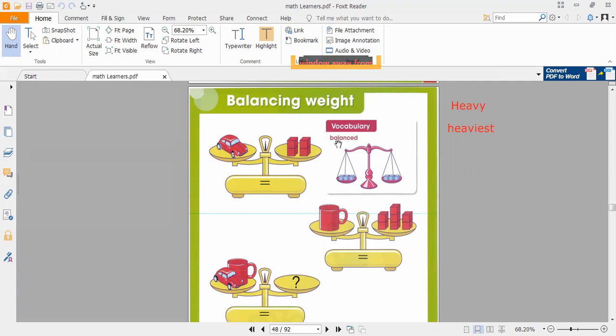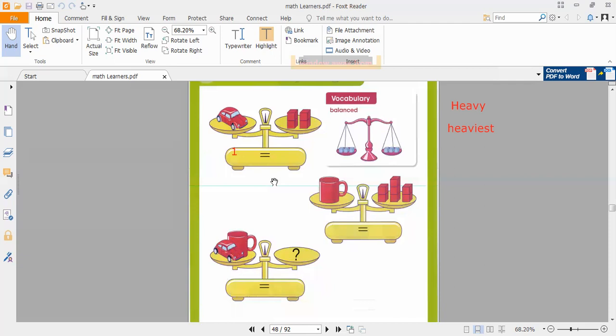So here, see the first picture. What did they do? They put a car here and 4 blocks. This means one car equals 4 blocks. This means, boys, that one toy car is equivalent to 4 blocks.